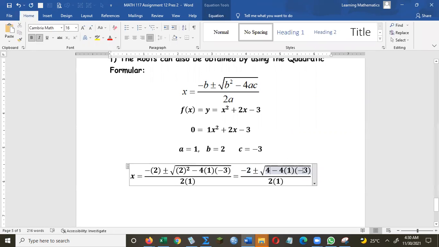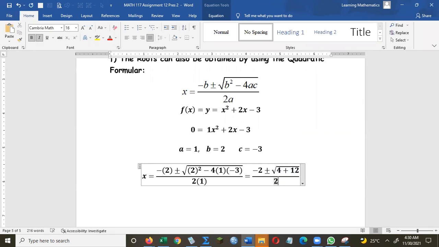A -4 times 1 is a -4, and a -4 times a -3 is a +12. A negative times a negative is a positive. You can actually prove it in your calculator.